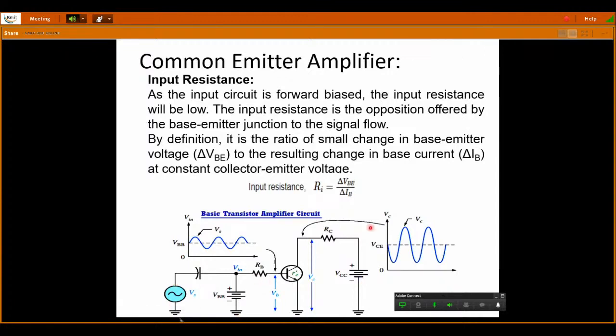Like in the DC characteristics, we now have to calculate the input resistance, output resistance, current gain and voltage gain, and for that we have to do the AC analysis. To apply the AC analysis, we take the frequency response of the circuit.